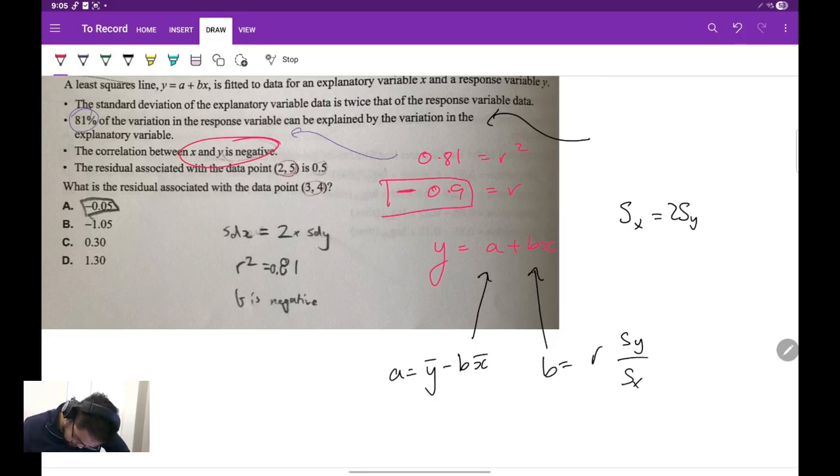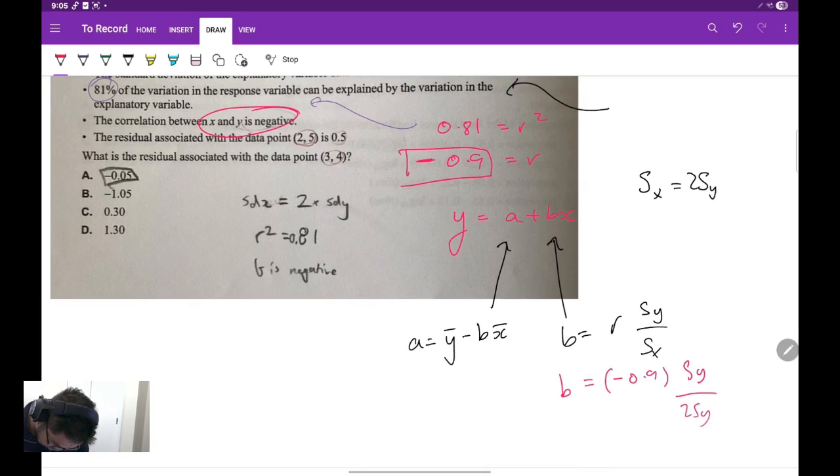b. Because we've got b is equal to, what was the r value that we calculated? 0.9 times sy. What was sx? So we'll say sy over 2sy.